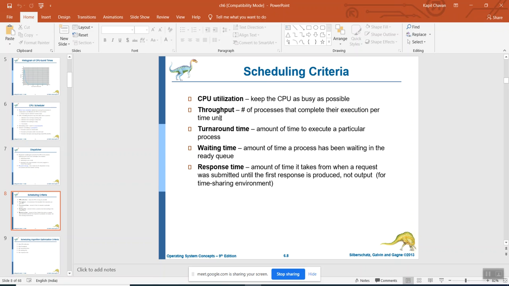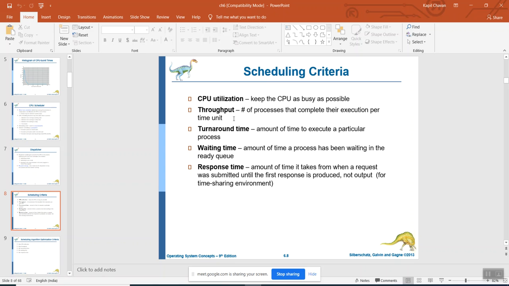Then what is meant by throughput? Throughput is nothing but the number of processes that complete their execution per time unit. Suppose we take 1 microsecond as the time unit, how do we calculate the throughput? How many processes are going to complete? If 10 processes complete in 1 microsecond, we can simply say the throughput of the system is 10.